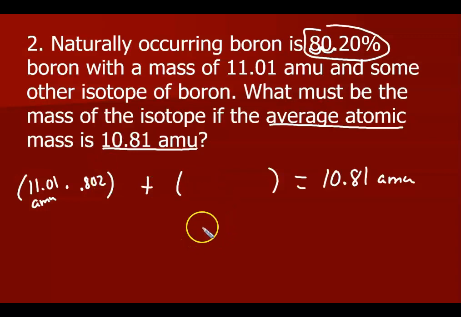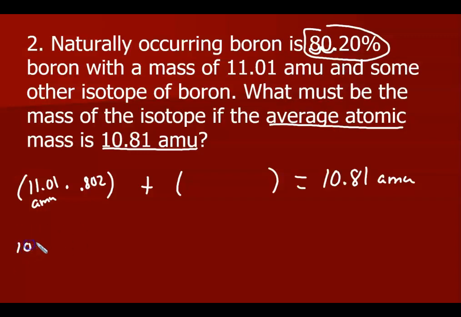All right, now the other one we don't know the mass, and it looks like we don't know the percentage either. But technically you do know the percentage, because if one of them's 80-something%, the other one's almost 20%, because percentages add up to 100.